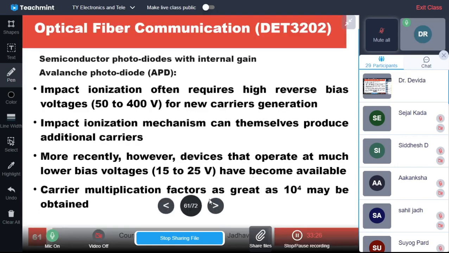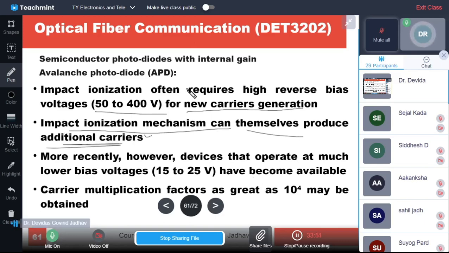So impact ionization often requires high reverse bias, 50 to 400 volts in a normal PN diode for the new carrier generation. Impact ionization itself produces the additional carriers.